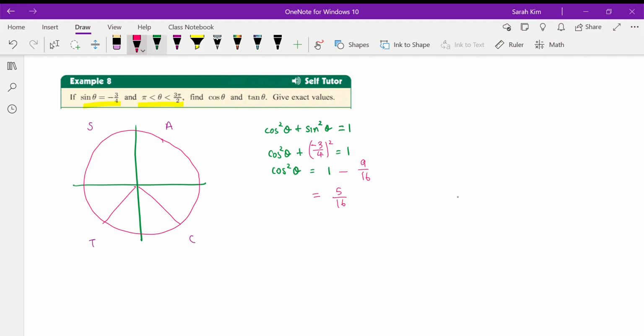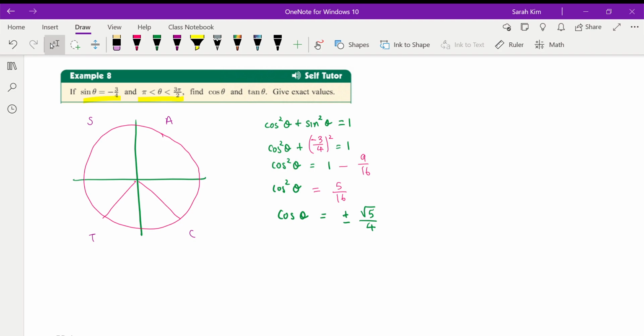So I get 5 over 16 for cos squared. So if I want to find cos, I square root it, and when I square root it, I get 2 answers, which gives me square root 5 over 4, and those are my answers.